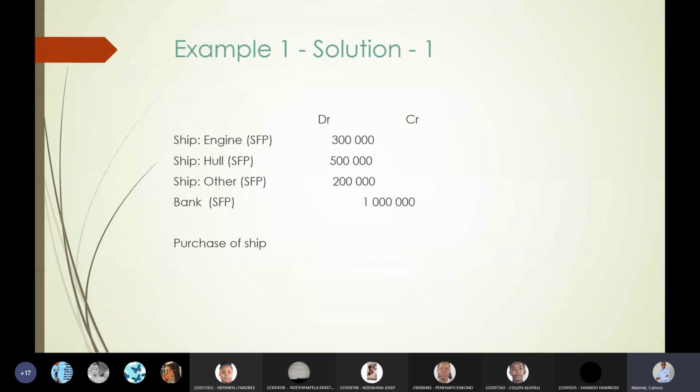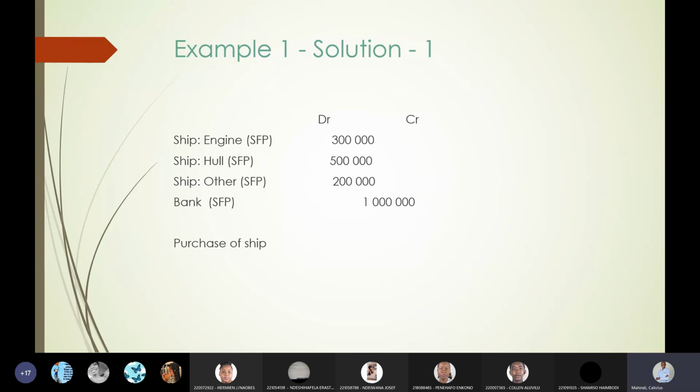Then the second part of the question says present the ship in the detailed statement of financial position on the date of acquisition. So the date of acquisition of this ship was 30 June 20X1. How will you record that?